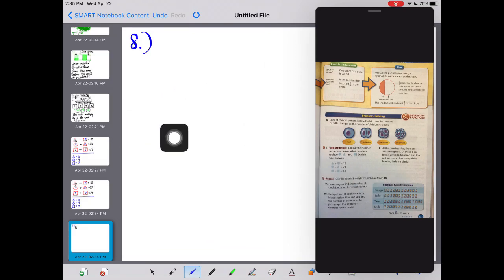I want you to work through this now. Think about a way you can maybe show a picture with some mathematical symbols that you're using to show how many bowling balls are black. Pause the video, come on back when you're ready, and we'll work it. I'll show you how I approached it.